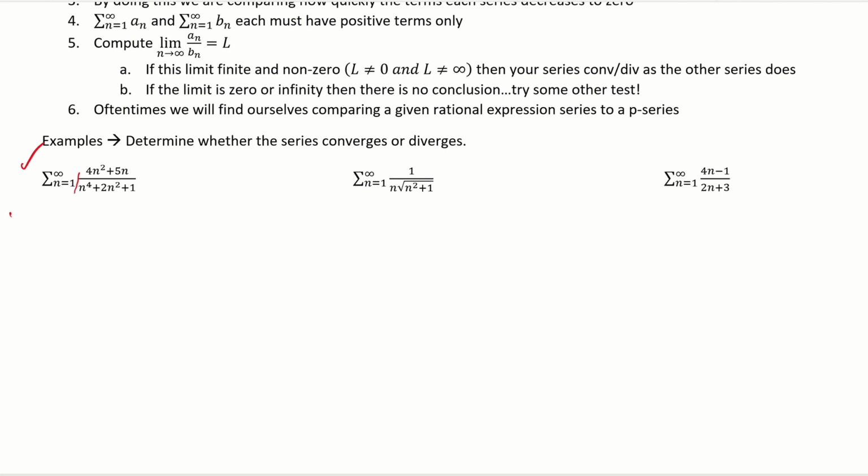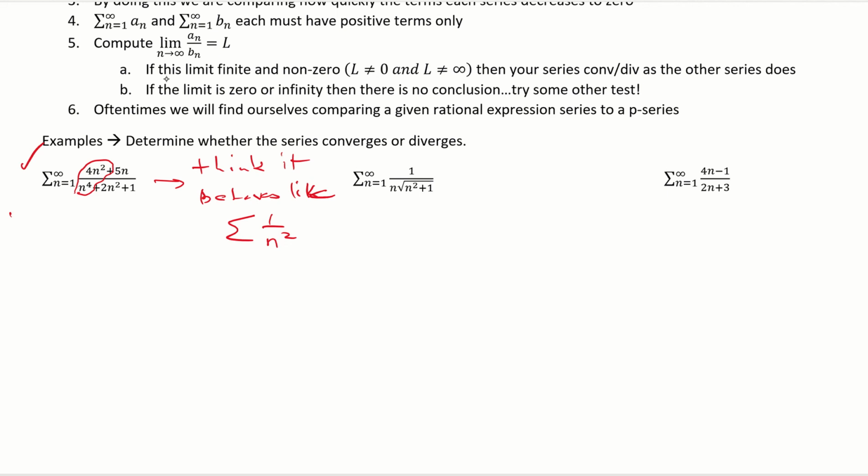What I do, as I said in the previous lecture, is look at the lead terms and think it behaves like, forget all the other stuff, just series n squared over n to the 4th. I don't even care about the 4. I'm going to cancel and go straight to 1 over n squared.